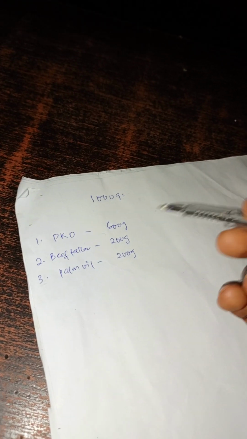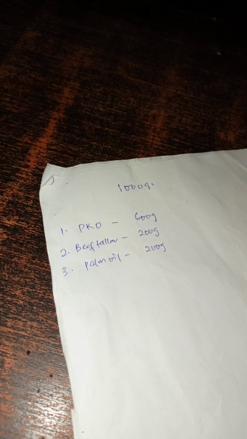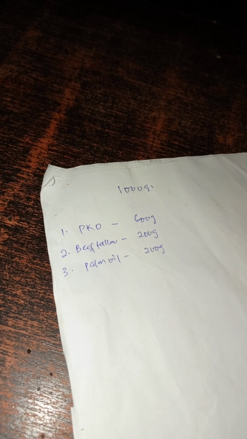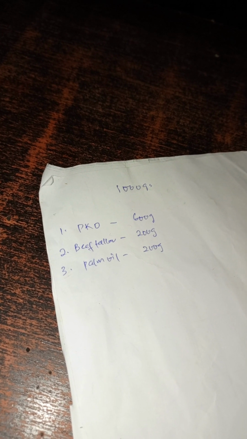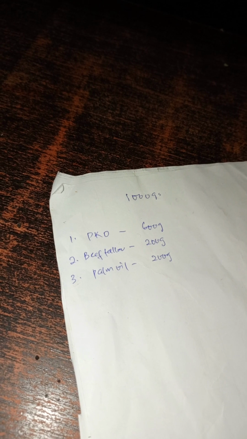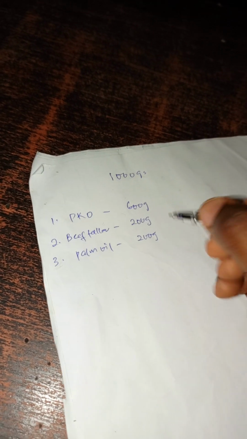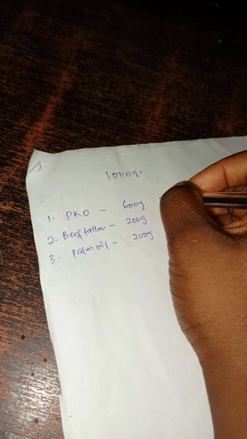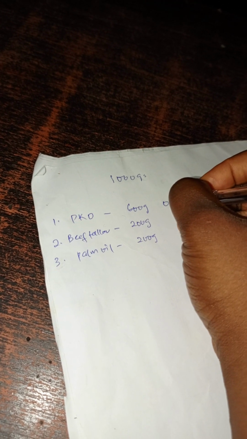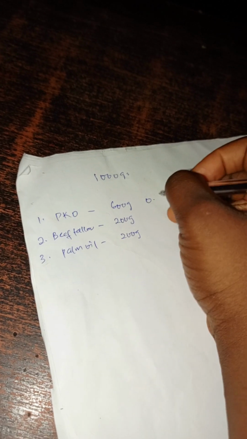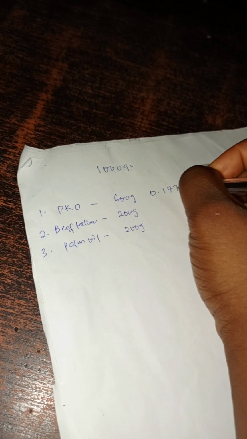Now, for instance, you want to know the saponification value for palm kernel oil. You have to google it, or you check the saponification chart. The saponification value for palm kernel oil is 0.177.